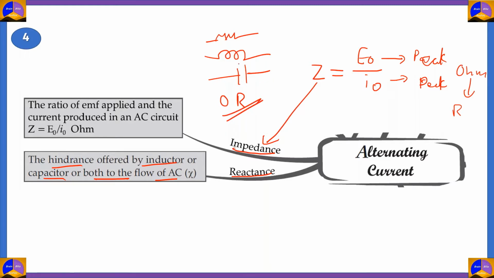However, due to the workings of the inductor and the capacitor, they offer some hindrance, and that hindrance is known as reactance. So for an inductor of self-inductance L or for a capacitor of capacitance C, they have a reactance X or chi. The symbol here is chi, but we can also use X to represent the same thing.